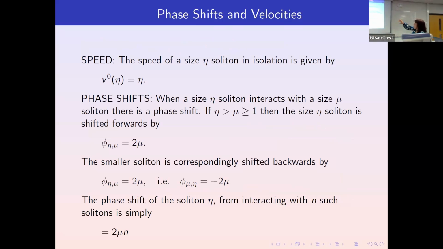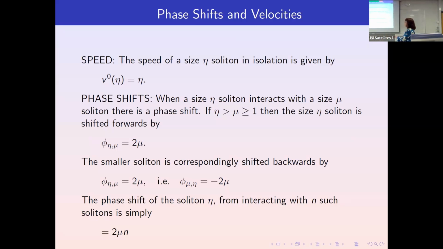Okay, so the important thing here is what the phase shifts. Well, a soliton of size eta is phase shifted... If I take a soliton of size eta and it's bigger than the soliton of size mu, no, let's get this right. Yes, if mu is smaller than eta, my soliton is phase shifted forward by 2 mu.